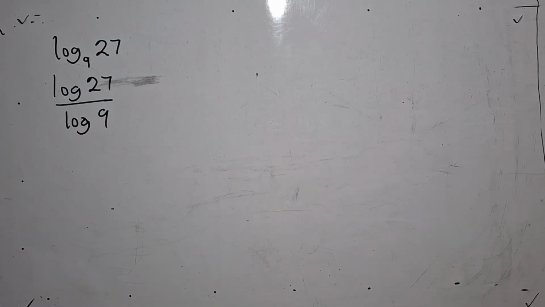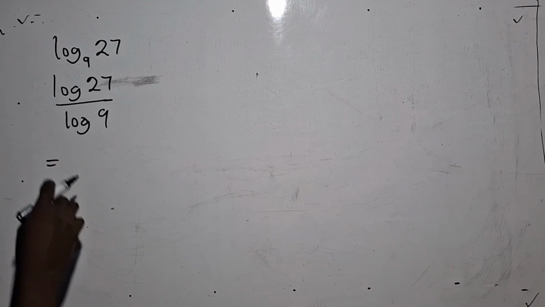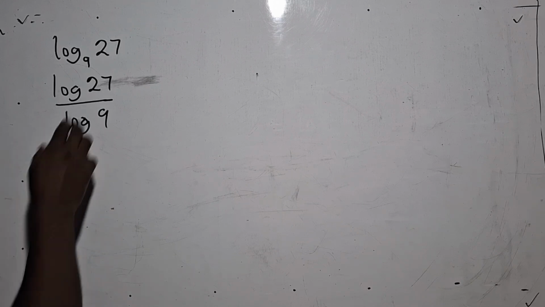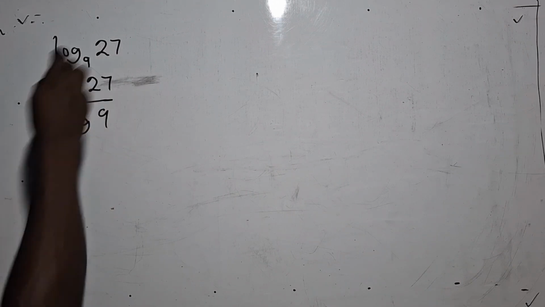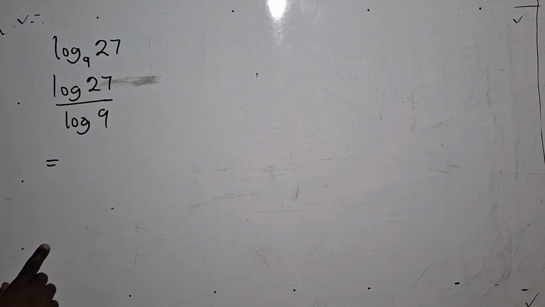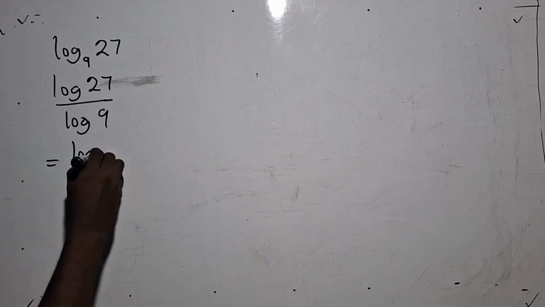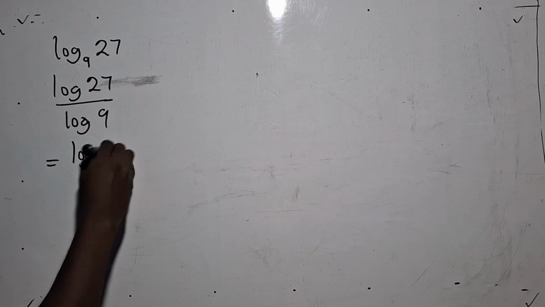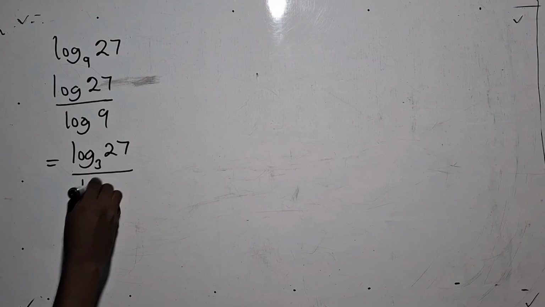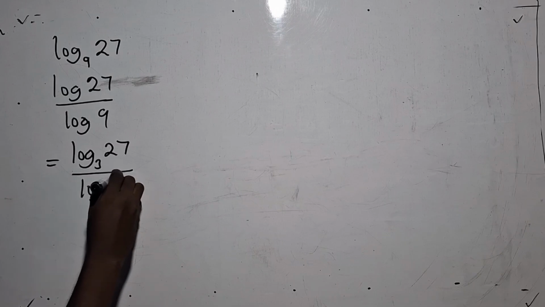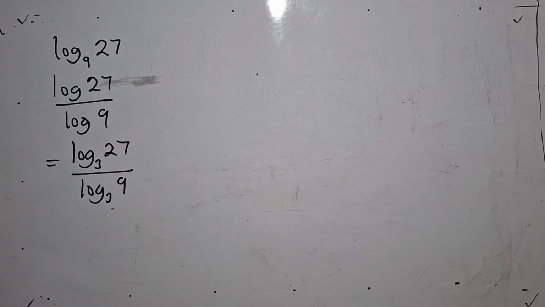And as I told you earlier, now we are going to find the common factor. The common factor for 9 and 27 is 3. So I'm going to express these as powers of the common factor. So this will give me log base 3 of 27 over log base 3 of 9. What has happened?